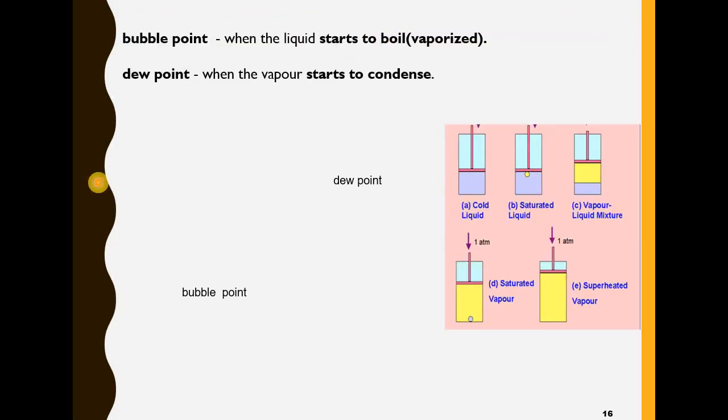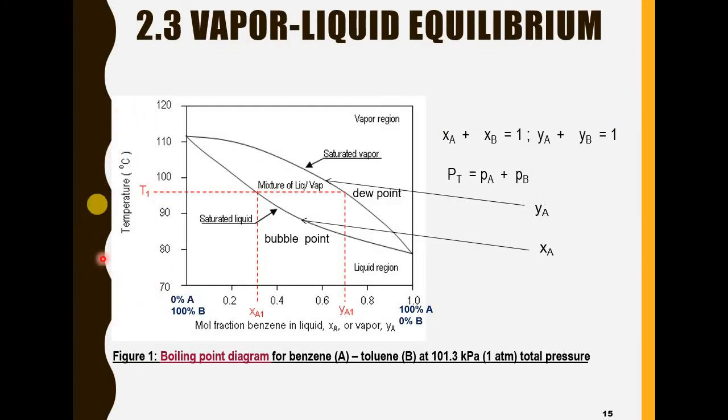This is temperature. At the respective temperature we will construct a graph by using the mole fractions XA and YA. When we construct it, we will have these two curves.